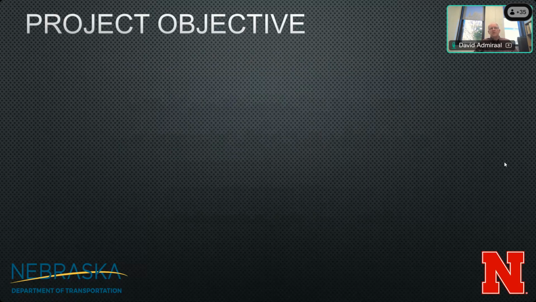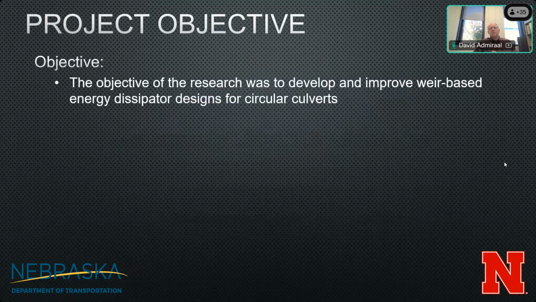So project objective. Our objective for this research was to develop and improve weir-based energy dissipation designs for circular culverts. Really the impetus for this project was the idea of a staggered weir, using a regular weir with a circular culvert and trying to dissipate energy so that downstream you don't have a lot of erosion.